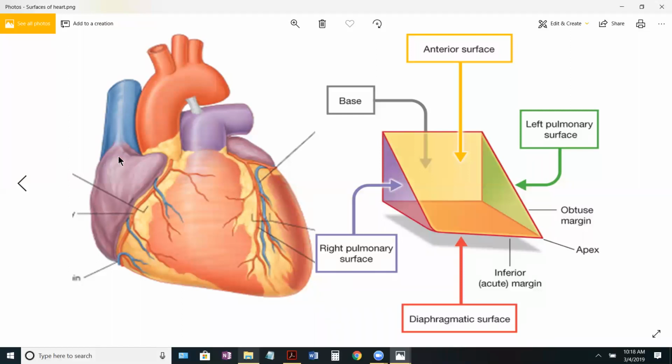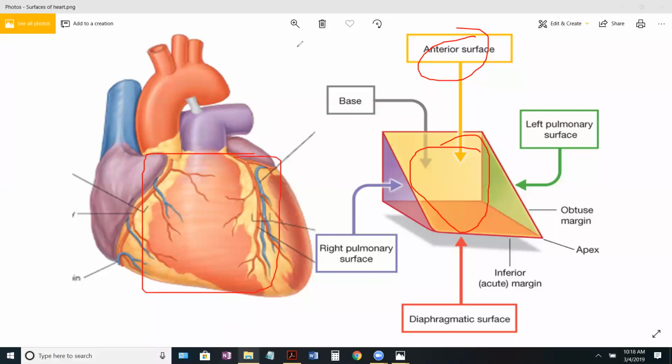This is the anterior view of the heart, and you can see that there is a fatty layer on the anterior surface of the heart, and remember that this fatty layer is actually dividing the right ventricle and the left ventricle on this side. So tell me, this is the anterior surface of the heart. So the anterior surface is made of mainly which ventricle? Right ventricle or the left ventricle?